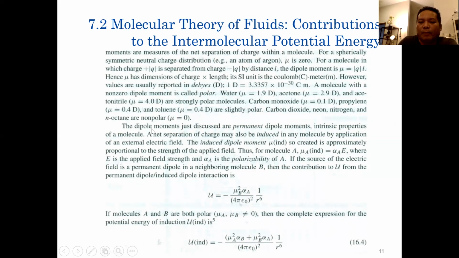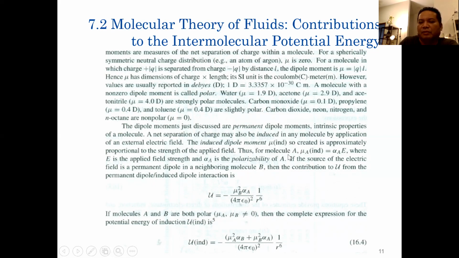The dipole moment I discussed is the permanent dipole moment, an intrinsic property of a molecule. A net separation of charge may also be induced in any molecule by application of an external electric field. This is called the induced dipole moment, μ induced, and it is approximately proportional to the strength of the applied field.